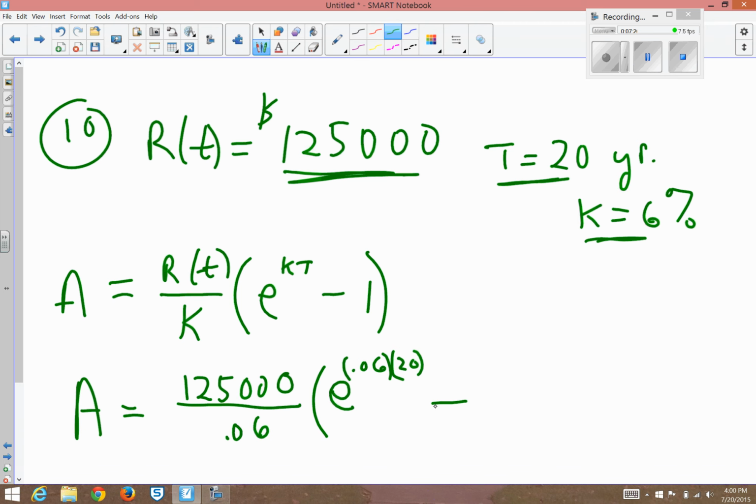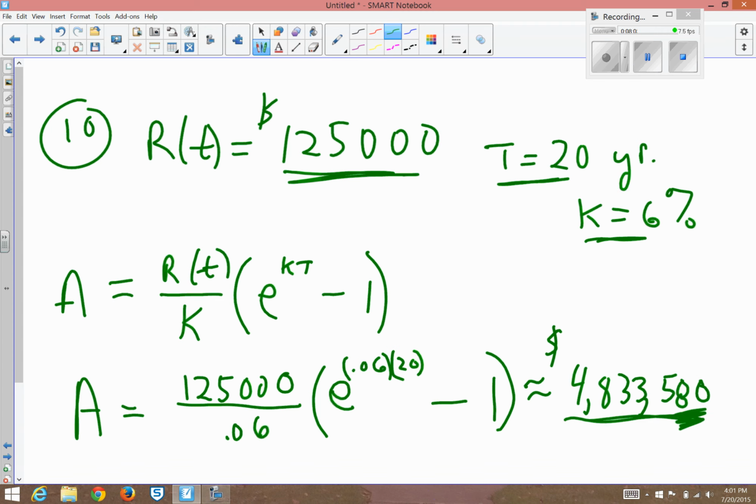And the minus 1 here is not part of the exponent. e is raised to the 0.06 times 20, and then after that, we subtract 1. So put all of this in your calculator, round to the nearest multiple of $10. Make sure you can get $4,833,580. This is rounding to the nearest multiple of $10, as set in the directions.